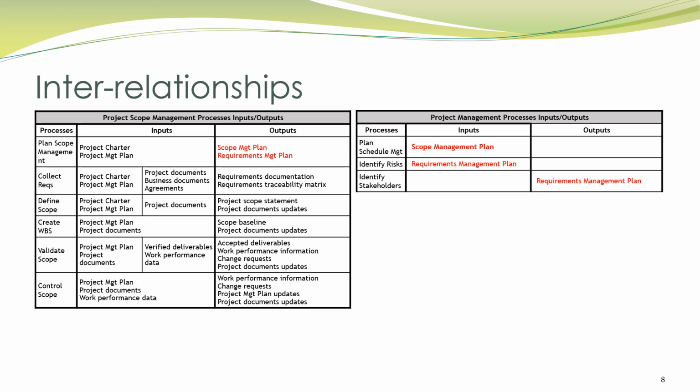Now, can you think why the requirements management plan would be an input into the identify risks process? Give it some thought. The requirements management plan is also an output of the identify stakeholders process. That means the requirements management plan was updated in the identify stakeholders process. What would be the updates, do you think?